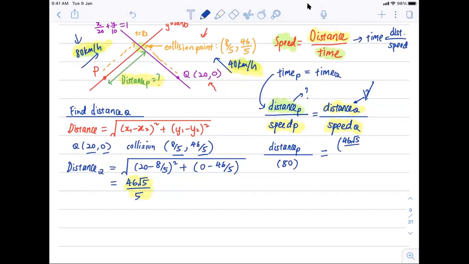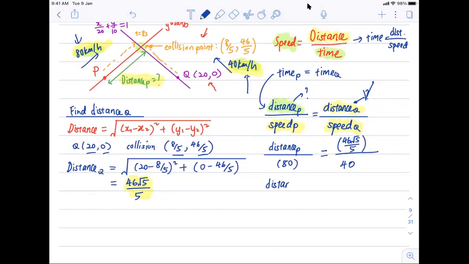And the speed Q, we also have, is 40 km per hour. So we can type in the calculator.